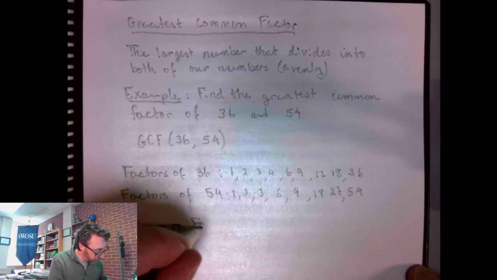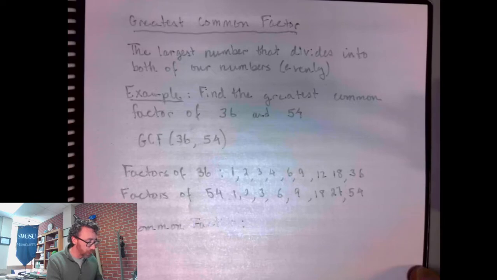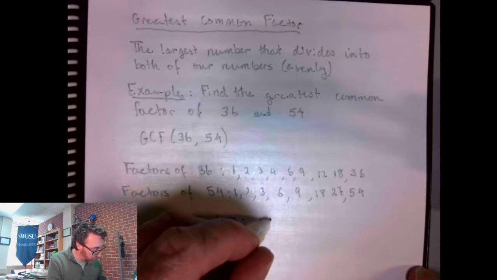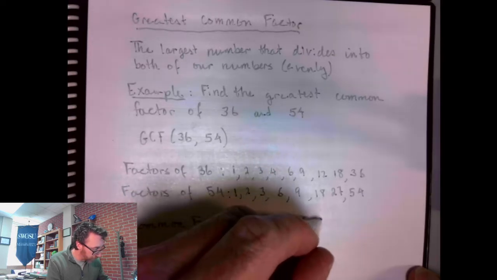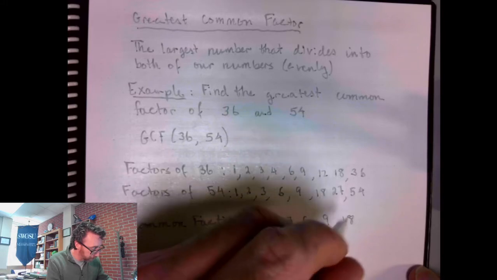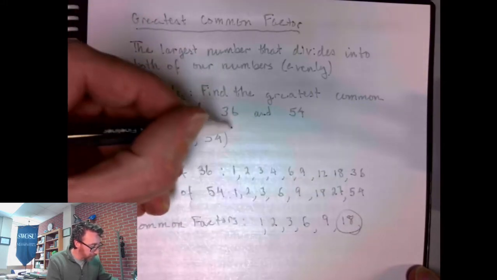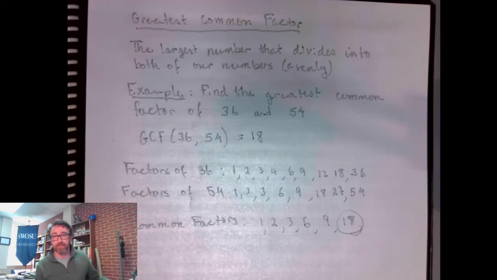If we look at both lists, we can see the common factors: 1, 2, 3, 6, 9, 18. So the greatest common factor of 36 and 54 is 18.